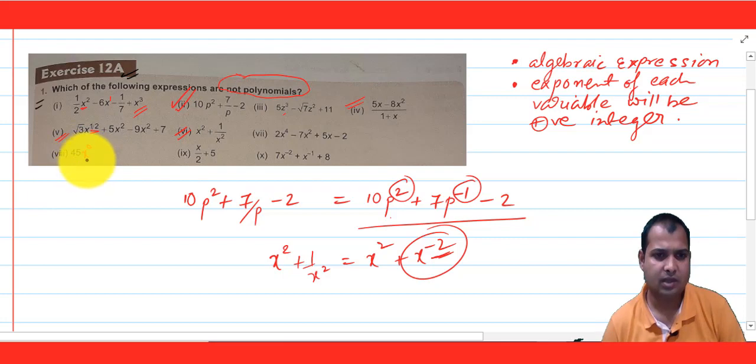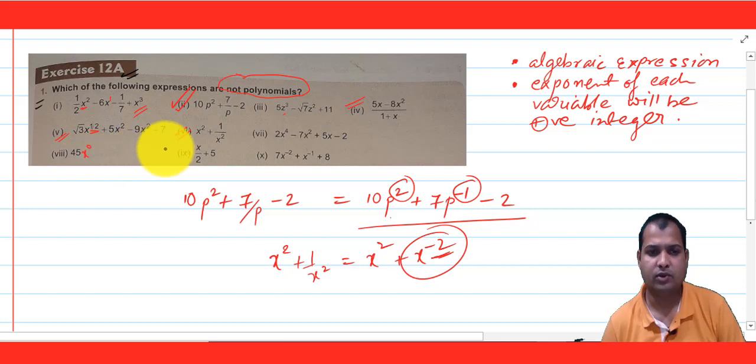As we know, the definition of an algebraic expression is a combination of constant and variable. So this is a constant. So this is a polynomial, and here you can see the variable has a positive integer as power. Here this is also a polynomial. This is also a polynomial. Here x is the variable which has a positive integer in the power.